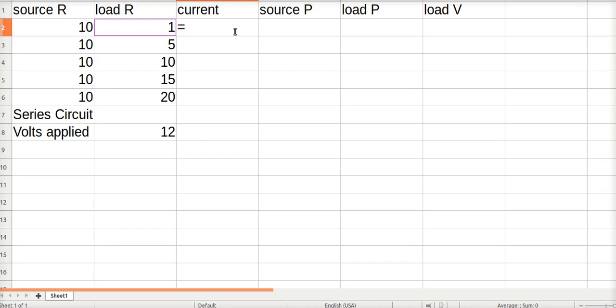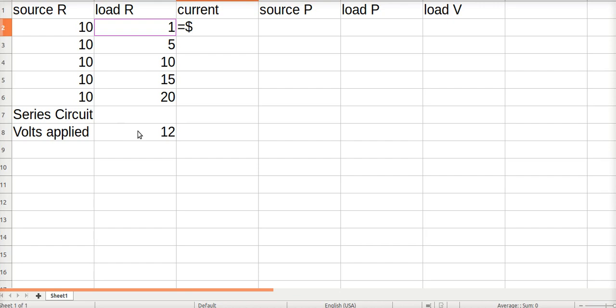I'm going to reference the cell that my volts applied in is 12. So what I'm going to say is equals $. And when you use a $ sign in Excel, you are giving it a specific reference to a cell.